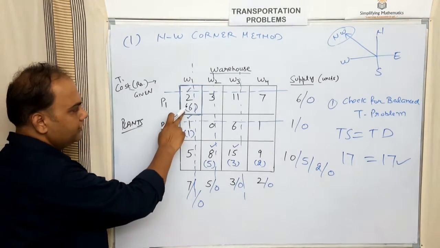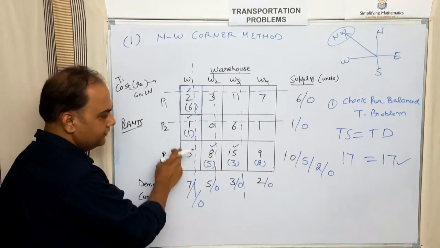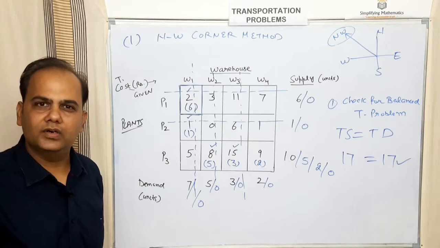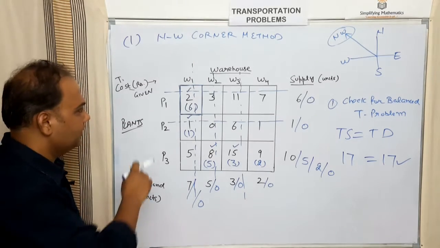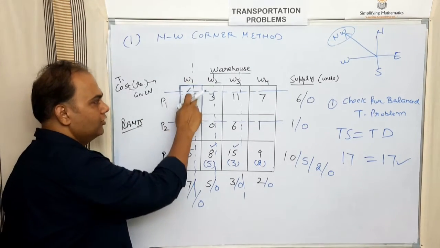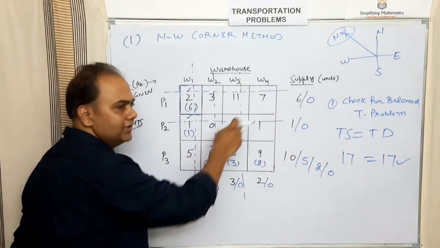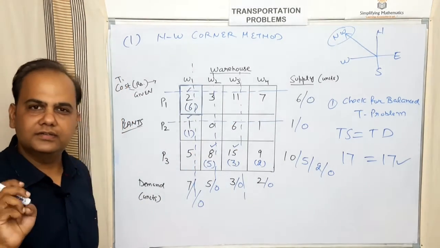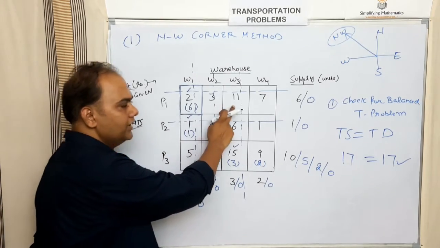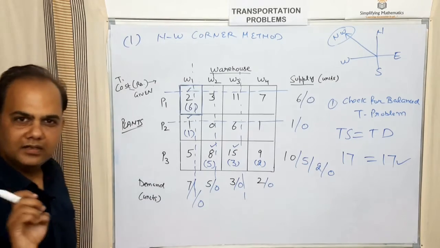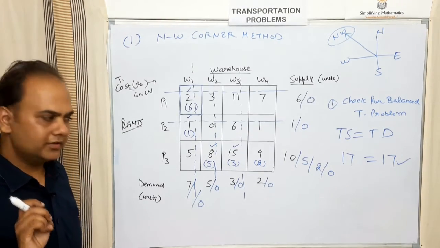Now wherever we have put these units, 6, 1, 5, 3 and 2, these are the required allocations. Means what? From P1 to W1 how many units are transported? 6 units. Now where there is no allocation, it means the units are 0. So here also 0 units, here also 0 units, and here also, and so on.